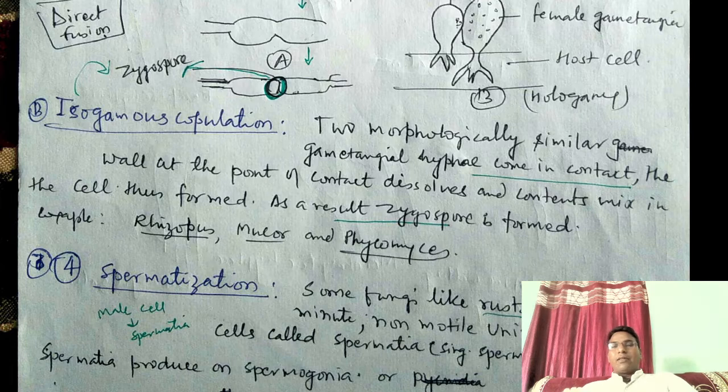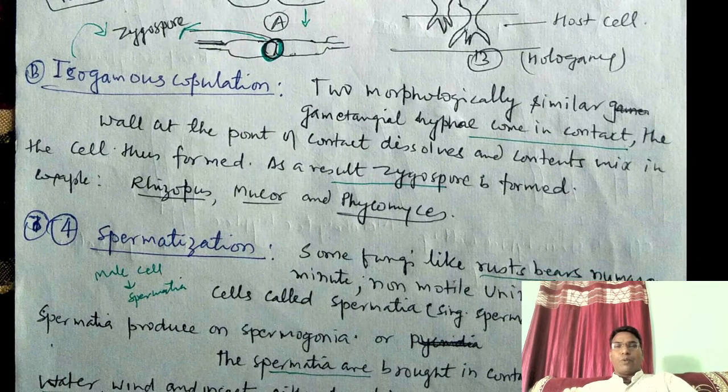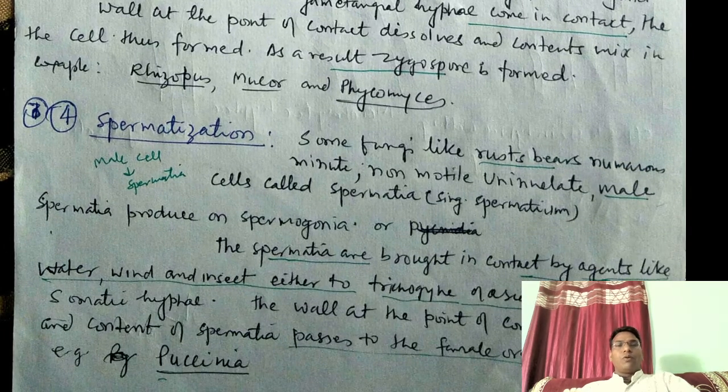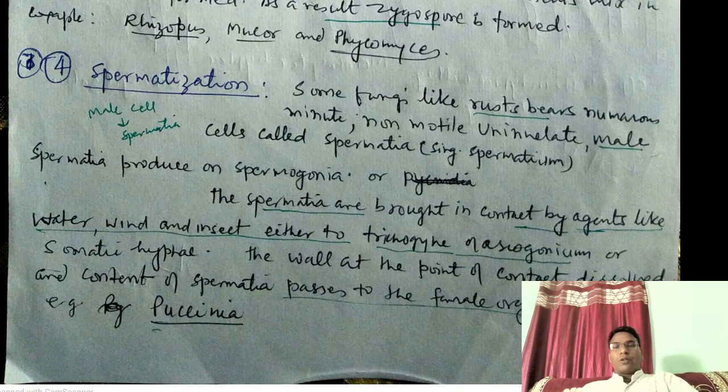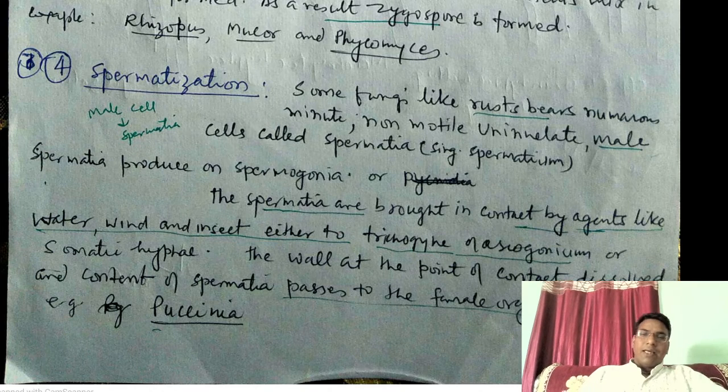As a result, the zygospore is formed. Examples of this type of copulation are Rhizopus, Mucor, and Phycomyces.